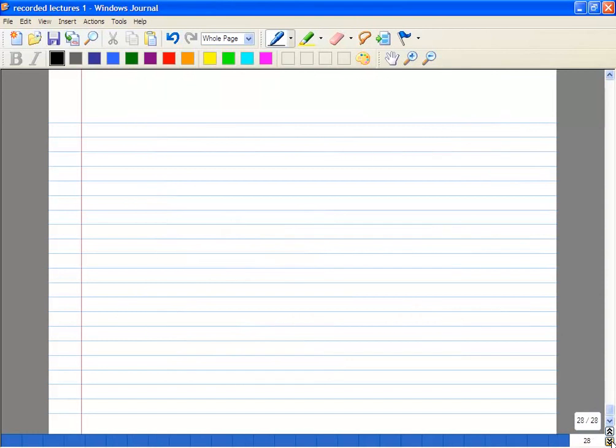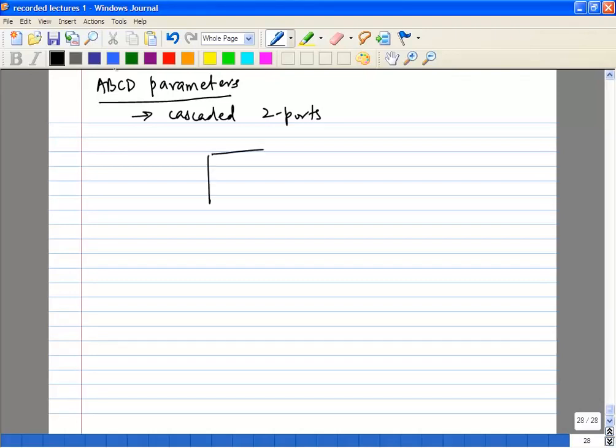So now we'll move on to ABCD parameters. This is very useful for cascaded two ports. Let's look at the two port again.